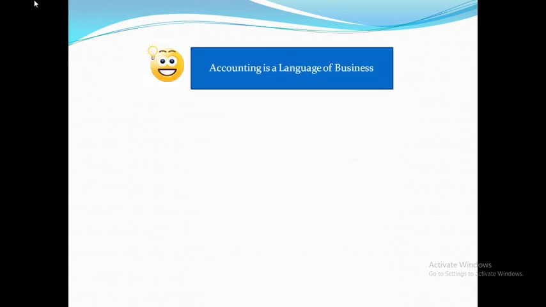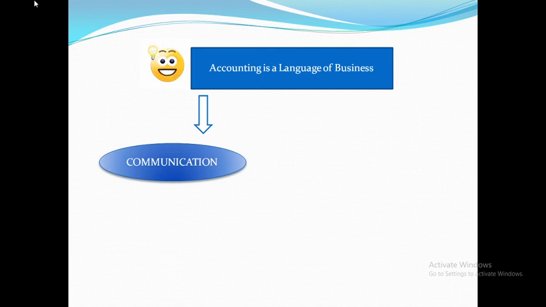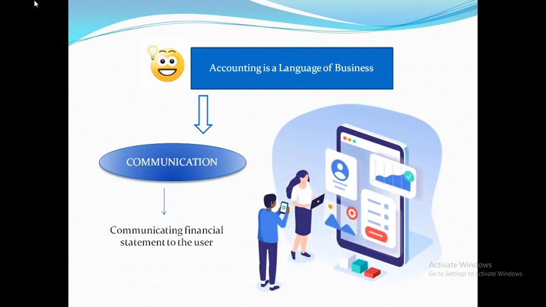Our last definition of accounting is that it is a language of business. It is a language of business simply because it is considered to be communication, okay? It entails communicating financial statements to every user, of course, so that they can easily understand a certain report.